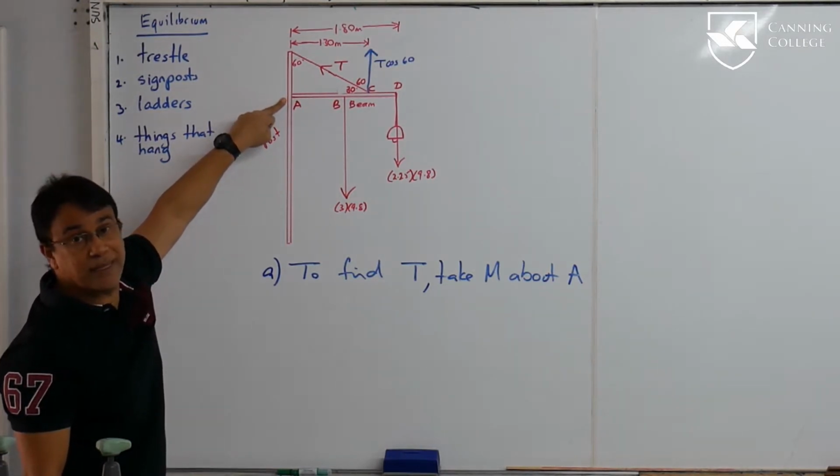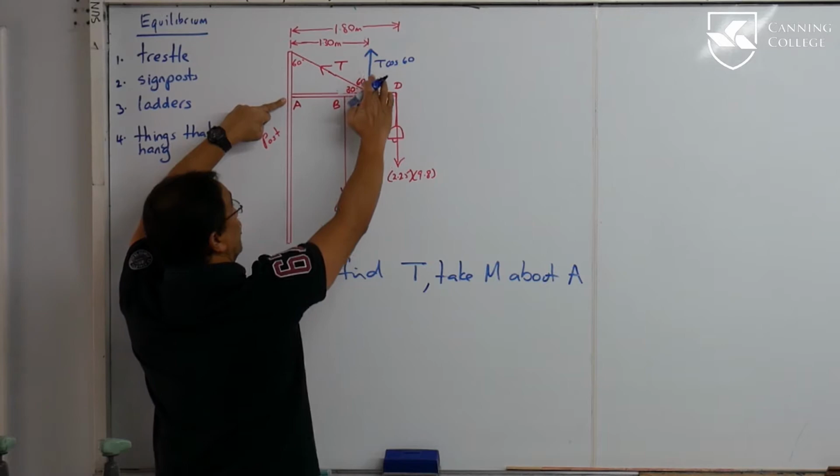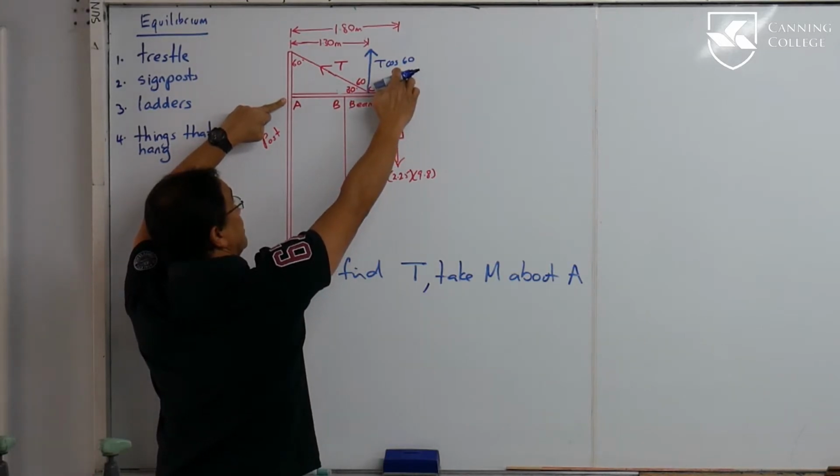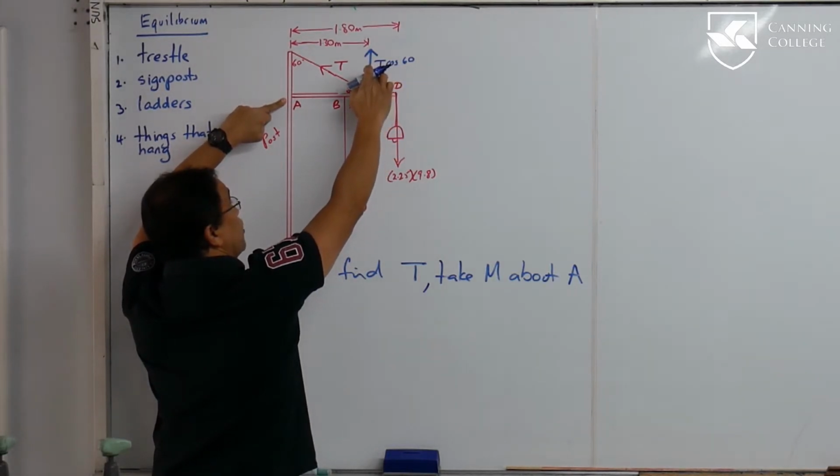All right, so I hope that's clear. And I'm just going to acknowledge that T cos 60 is producing the anti-clockwise moment or torque.